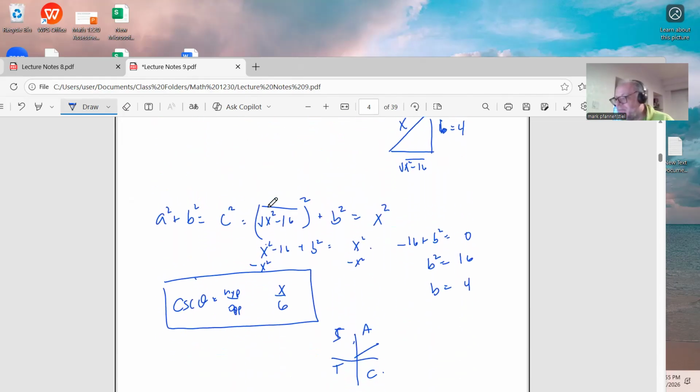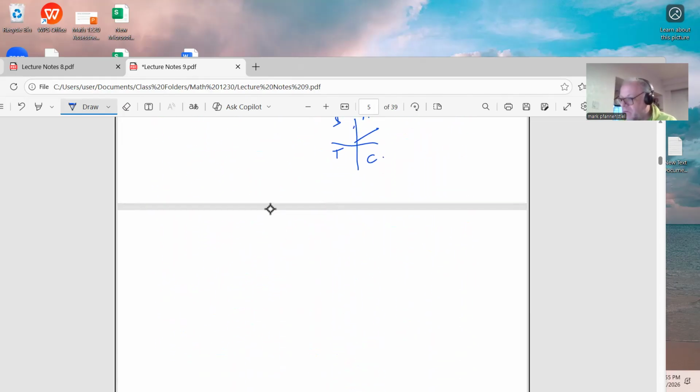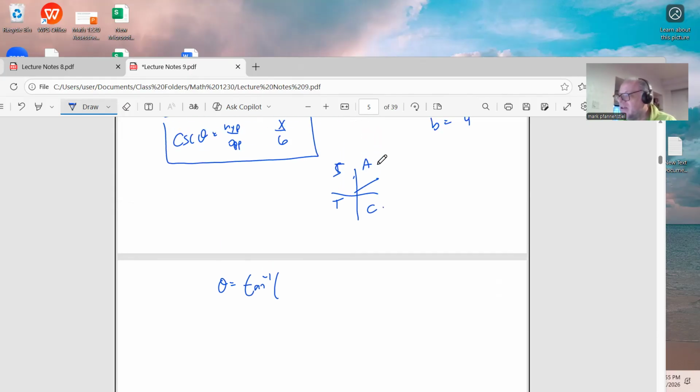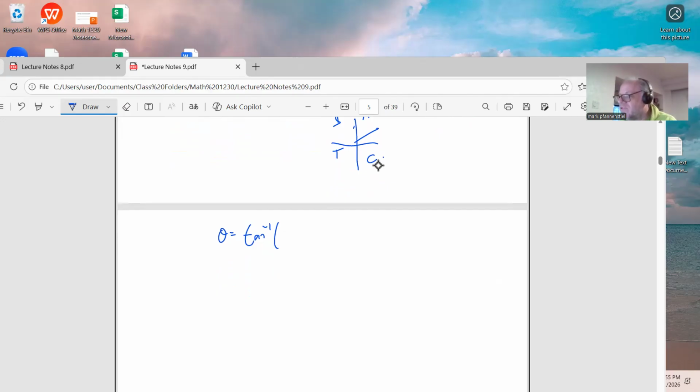Let's say I would like to know what theta is equal to the inverse tangent of, let's go with, I think it's definitely not a good quadrant for us. I'm going to say 5 pi over 6. But I am going to say that theta is going to be between 180 and 270 degrees.